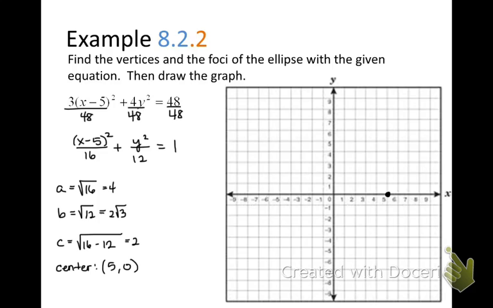A, right? So I'm going to add and subtract my a value, which was 4, from that point 5 in order to get my vertices. So I'm going to get 5 plus 4 is 9, 0, and 5 minus 4 is 1, 0. And then we'll plot them.